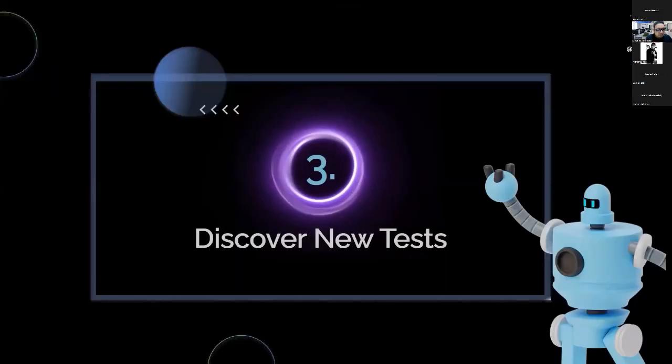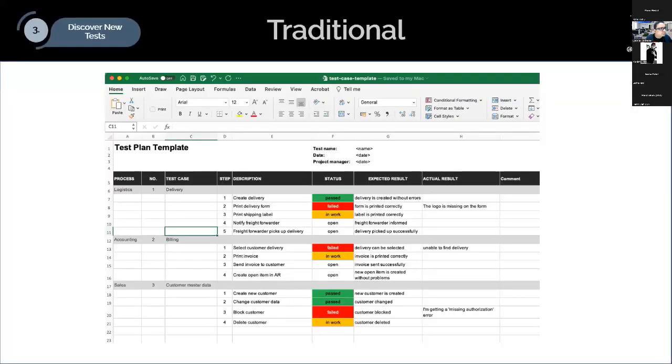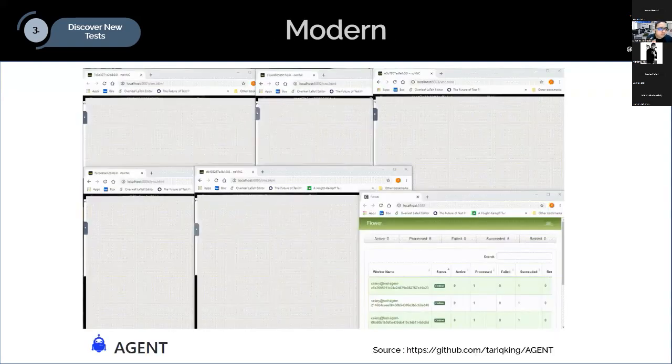The other application when you talk about AI is discovering new tests, right? So traditionally, how have we been discovering new tests? We have been using Excel files. We have been writing out our test strategies in a test plan and things like that, right? So what is a modern way of discovering tests?